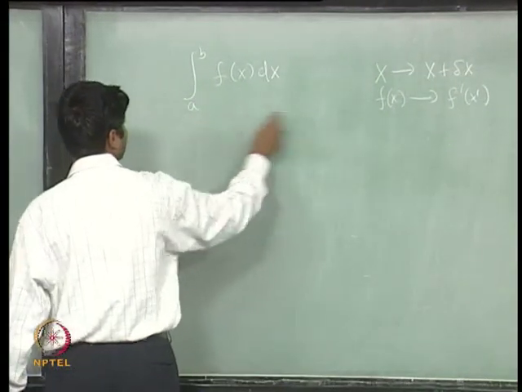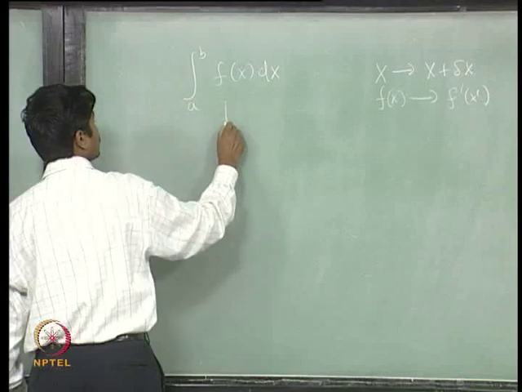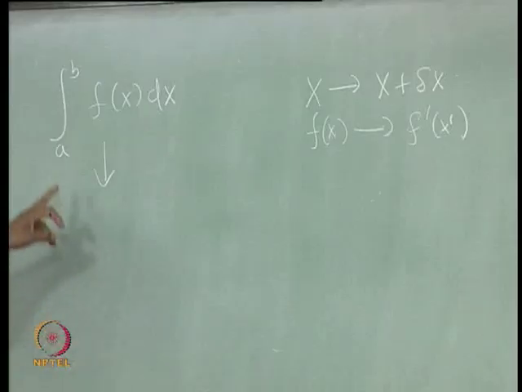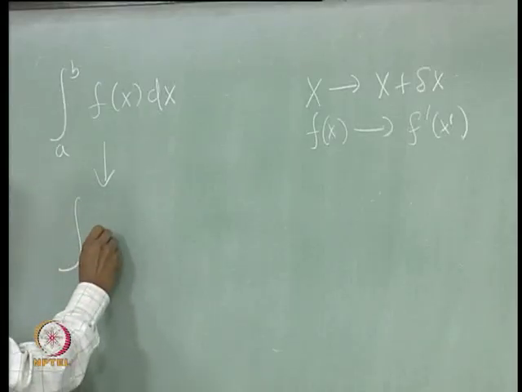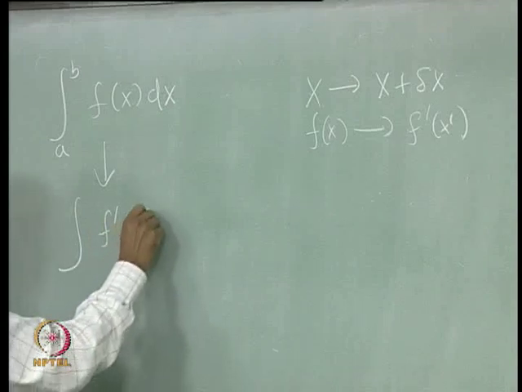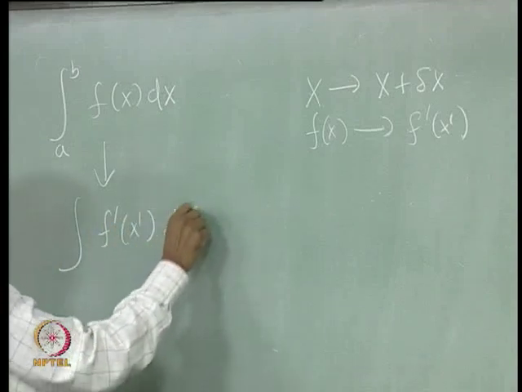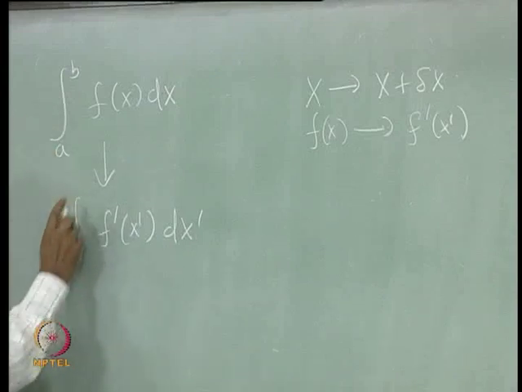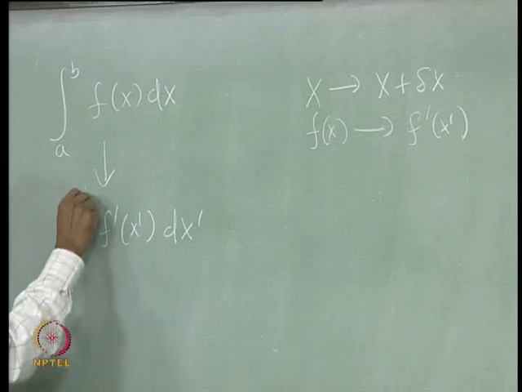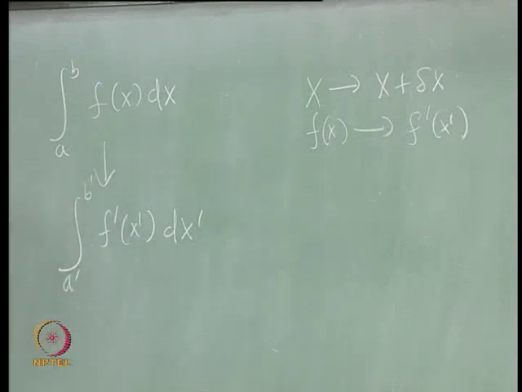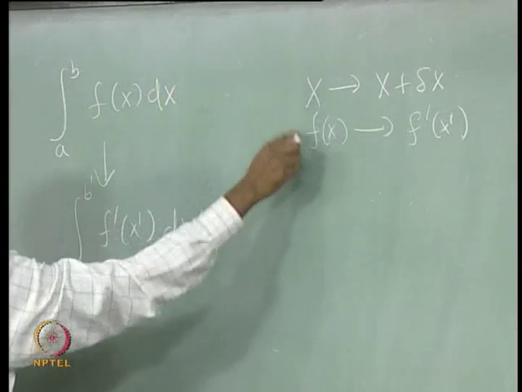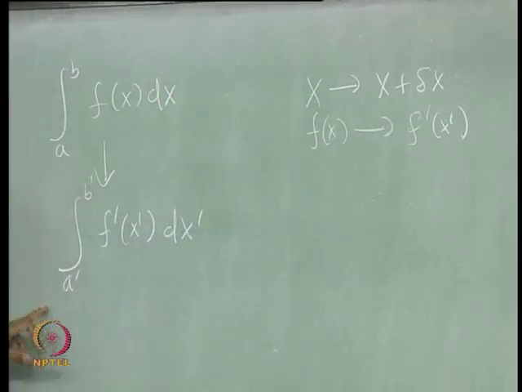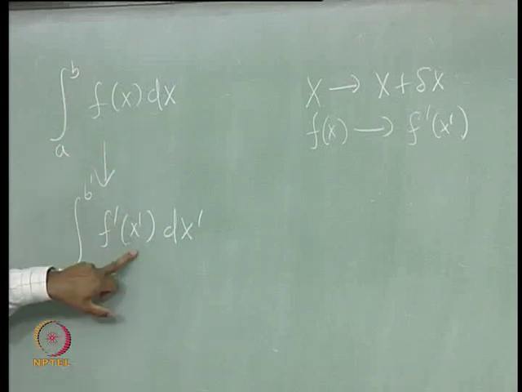Under such a transformation, this integral will transform to the integral of f prime of x prime dx prime, and the integration limits are now from a prime to b prime. If this quantity is invariant under such a transformation, then this difference is to be equal to 0.